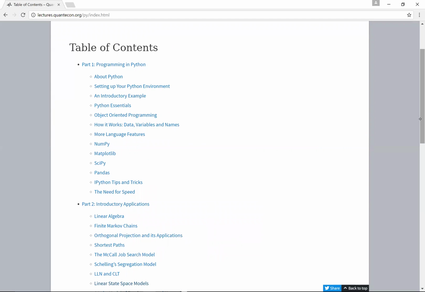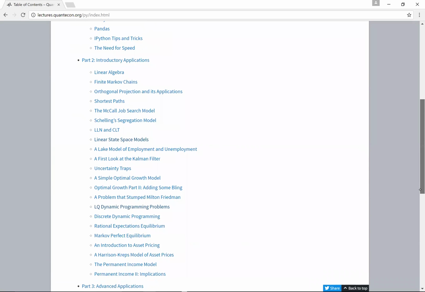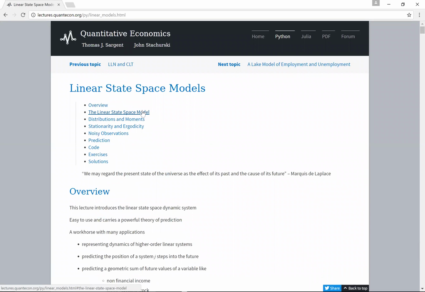It is designed to teach two things at once: quantitative economics and computer programming. And we teach it with this free language called Python. So I'm going to be using a couple of lectures here. There's linear state space. If I push on that, there's a lecture I'm going to talk about.